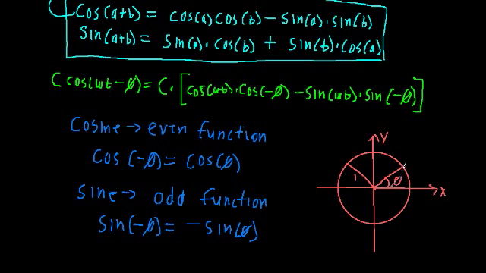This angle will correspond to one point on the unit circle, and let's call that x, y. Now what happens if we look at the negative phi, going down in the opposite direction? This angle here is negative phi. What point does this correspond to? Well, it corresponds to the same x point, and it will correspond to the negative y point.